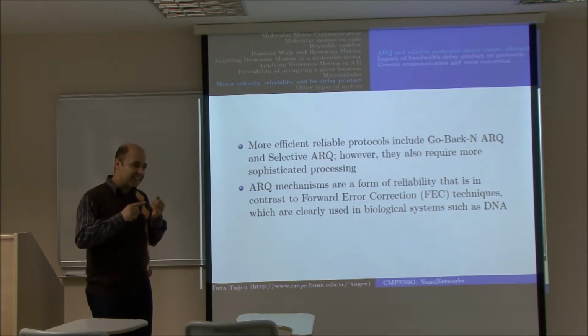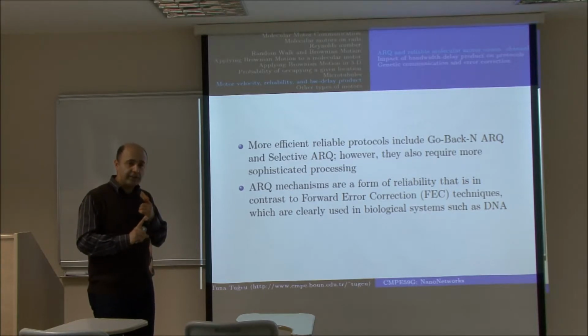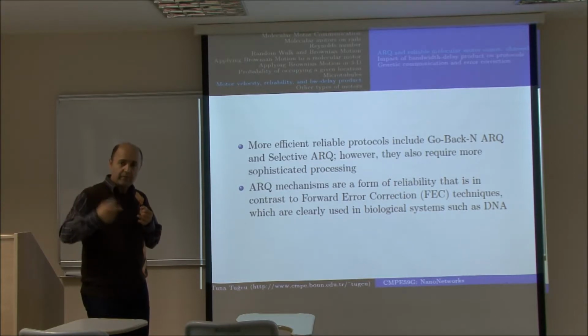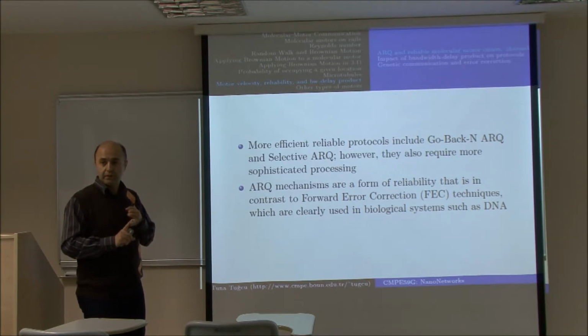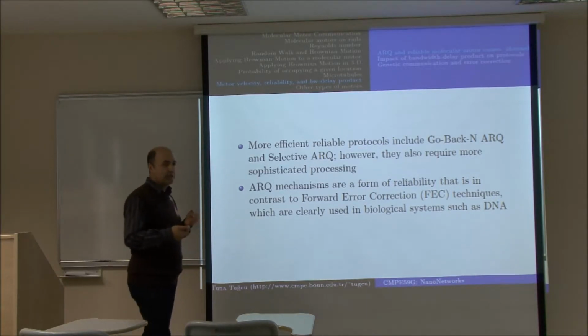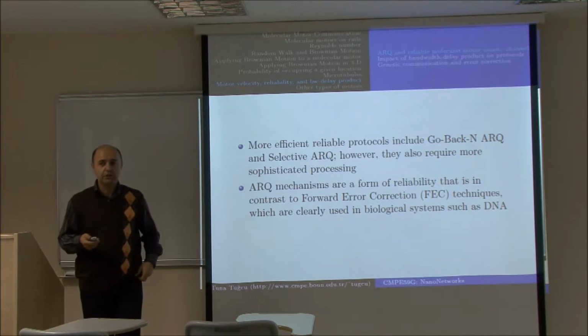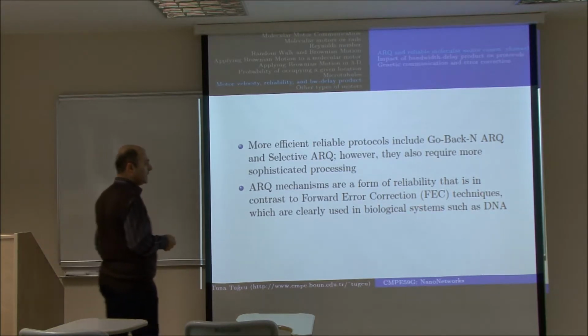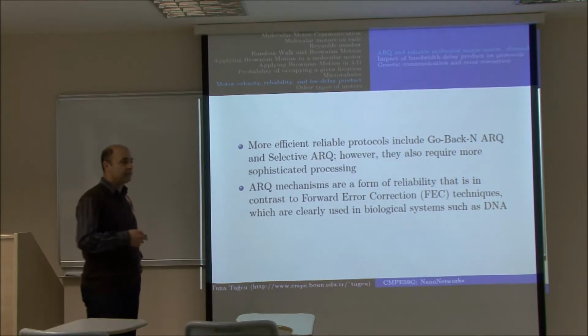The receiver detects that there has been an error, but without asking for any retransmissions, the receiver is also able to fix the error and understand what was actually meant. And this actually happens in real life, in your DNA. In the case of DNA, actually, you have some redundancy available.